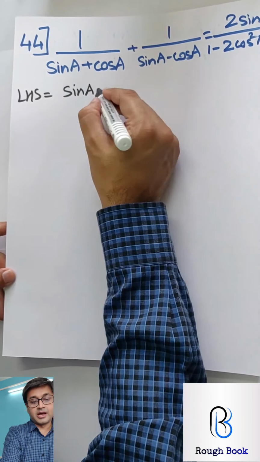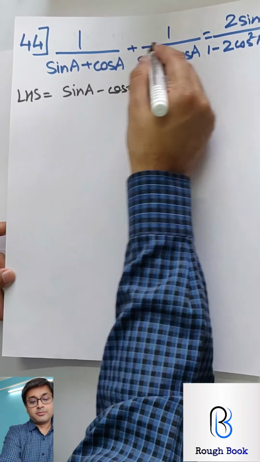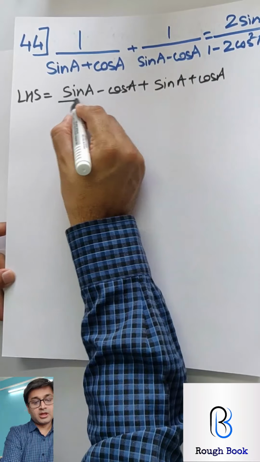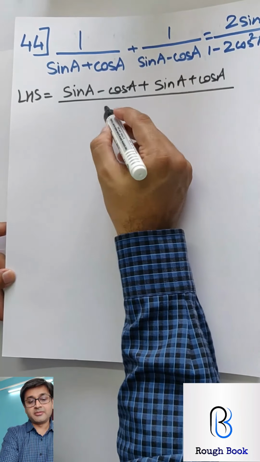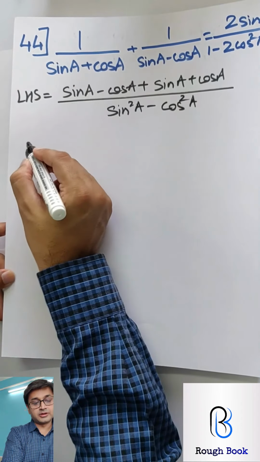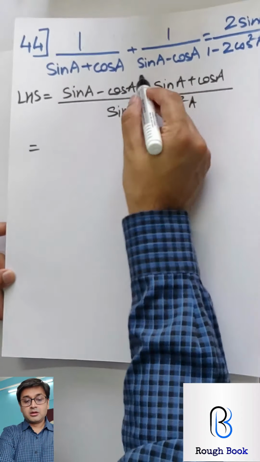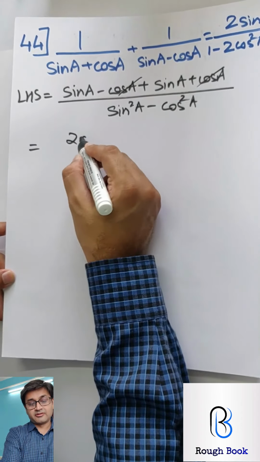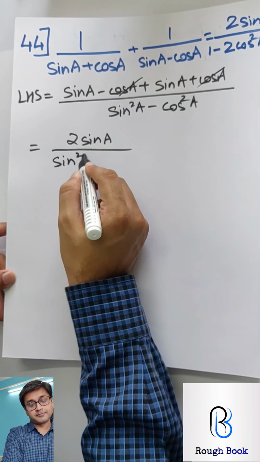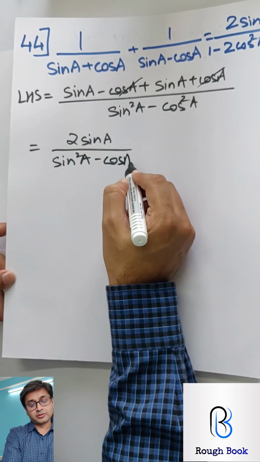So sin A minus cos A plus sin A plus cos A upon A plus B, A minus B will be A square minus B square, correct? Minus plus gets cancelled, so I will get 2 sin A upon sine square minus cos square.